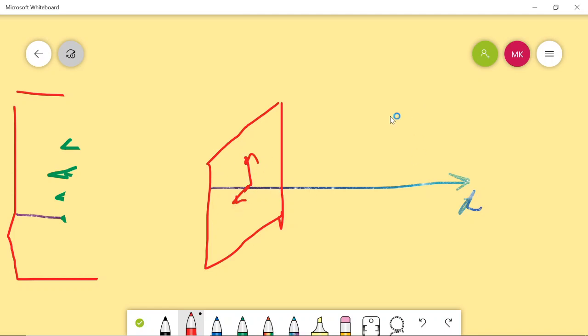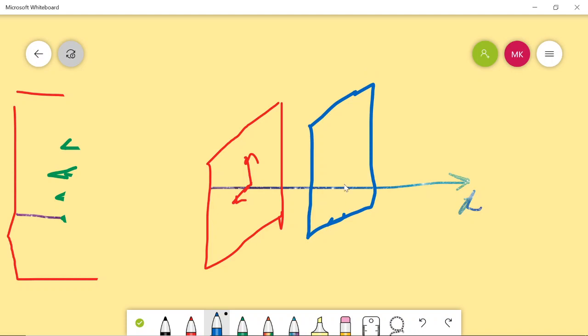...they will remain the same. Now we take another plane, let's take this one. Here the electric field may be different, maybe this one E and H. So here the electric and magnetic fields are different from here, but within this plane they will remain the same, uniform.